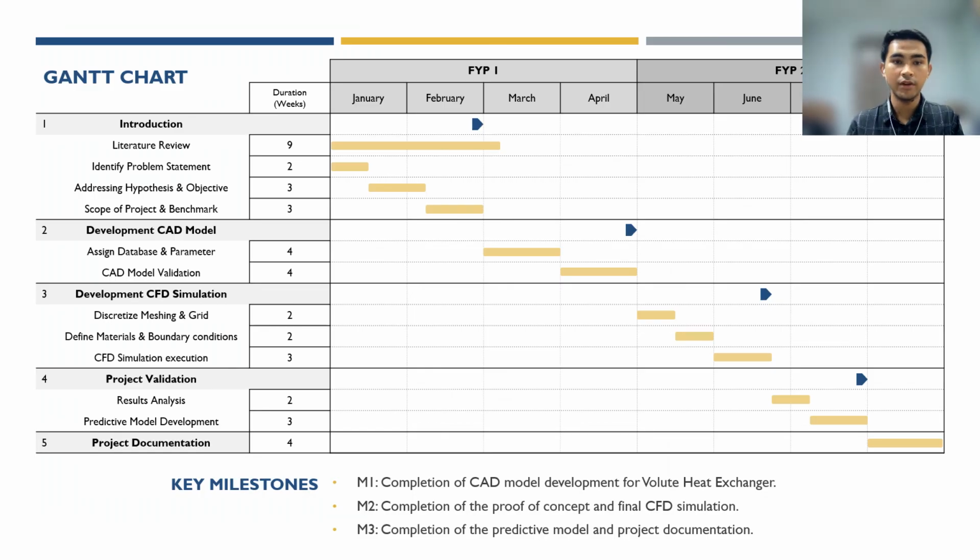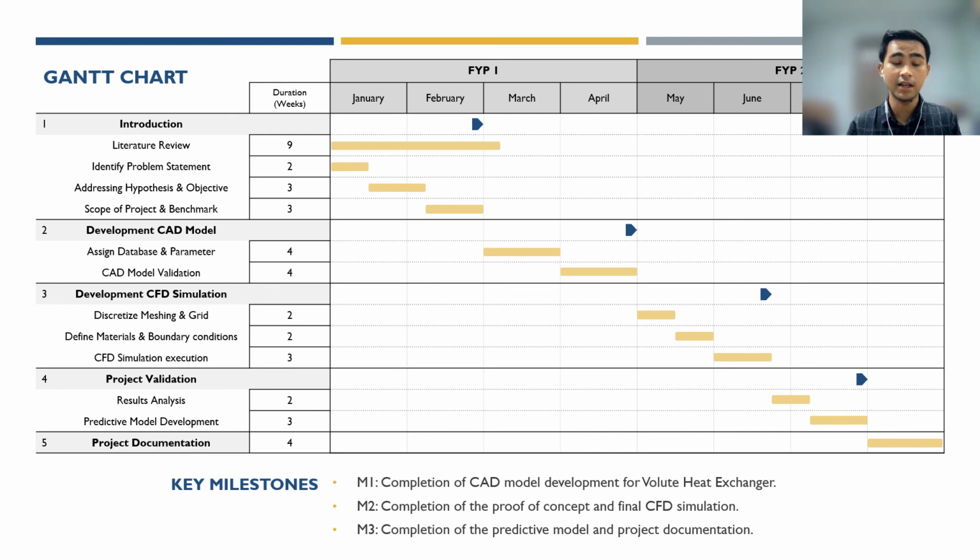Next, moving on to the Gantt chart. This is the expected due date timeline for every task in my project. Basically, there are 3 key milestones that I need to achieve for this project. Firstly, to complete the CAD model development for the volume heat exchanger. Second, completion of the proof of concept, which is the final CFD simulation result.